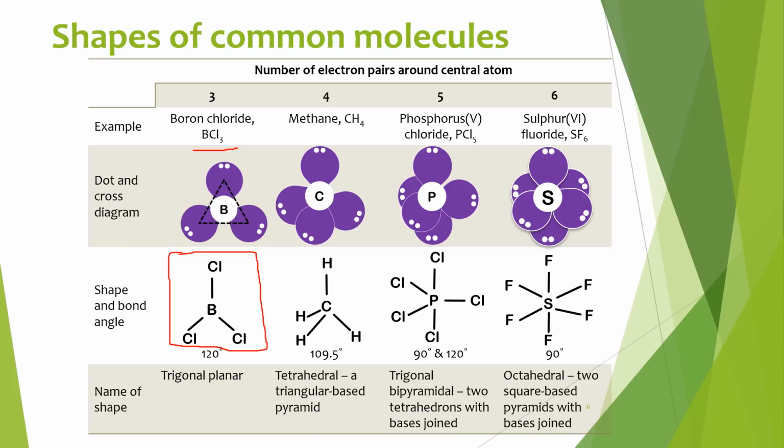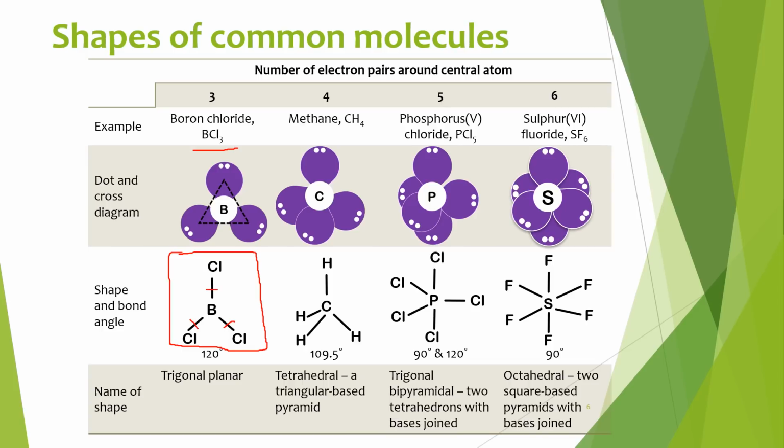After you have drawn the Lewis structure for the molecule, you need to determine the number of electron pairs that exist in the molecule. And remember that electron pairs mean either a lone pair or a bonding pair. So for BCl3, as you can see here, it has 3 bonding pairs, 1, 2, 3.